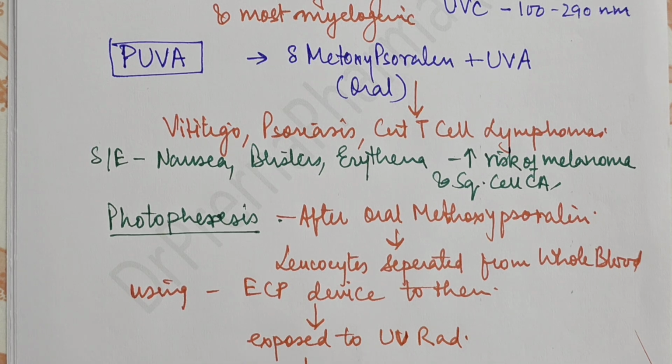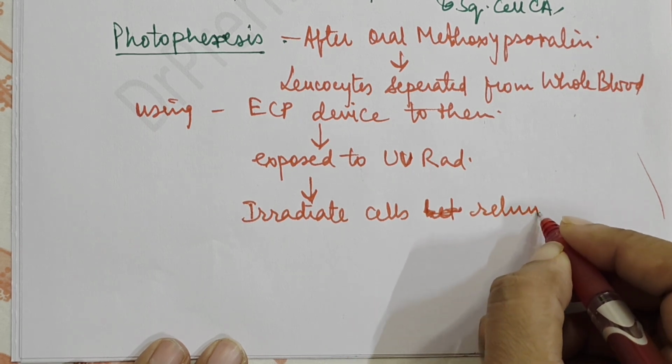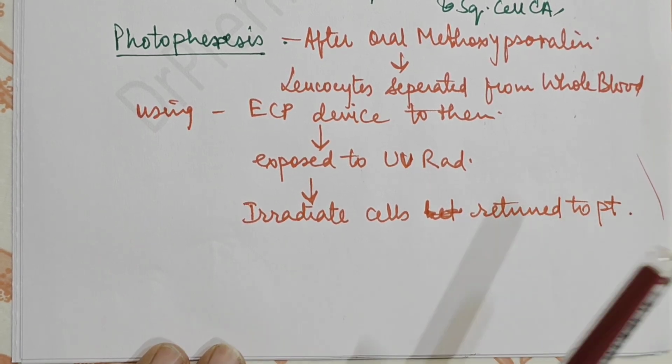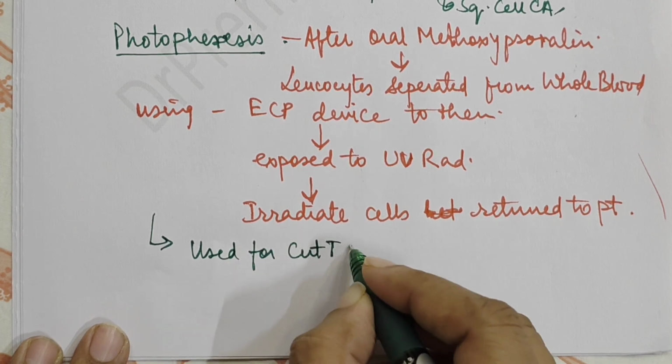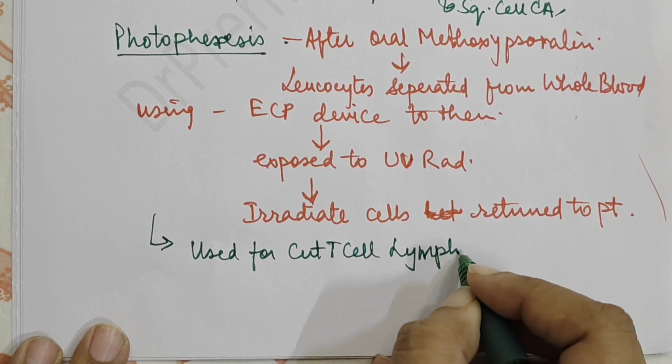Sorry, not the patient, the leukocytes, and then irradiated cells are returned to the patient, right? Now this therapy, photopheresis, is used for cutaneous T-cell lymphoma.